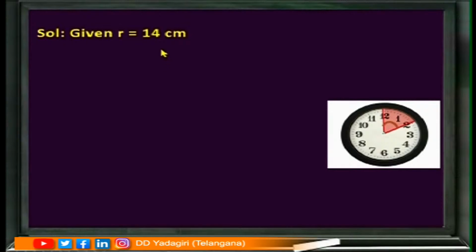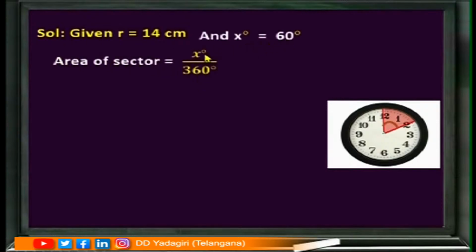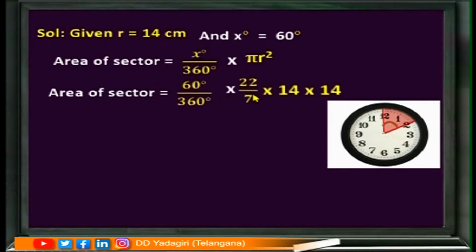Now, given r is 14 and x is equal to 60 degrees, area of sector is equal to x by 360 into pi r square, and x is nothing but what we got here, 60 degrees. So 60 by 360 into 22 by 7 into r, which is given as 14, into 14. Six ones are six, seven twos are 14.